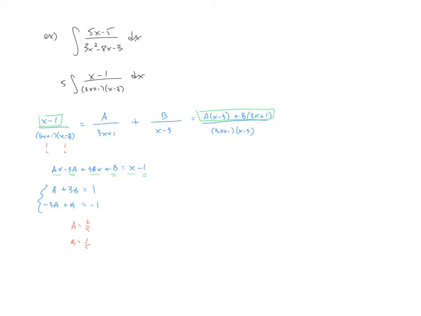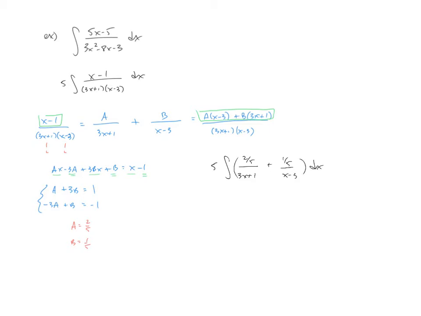So now I'm going to take both the A and the B, and I'm going to plug them in here and here. And then remembering that this is an integral, I'll be able to hopefully configure this in such a way that it's much, much easier to work with. So I've got my 5 out in front still. I've got an integral of 2/5 over 3x plus 1 plus 1/5 over x minus 3.